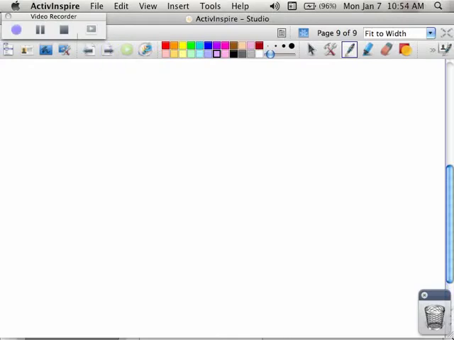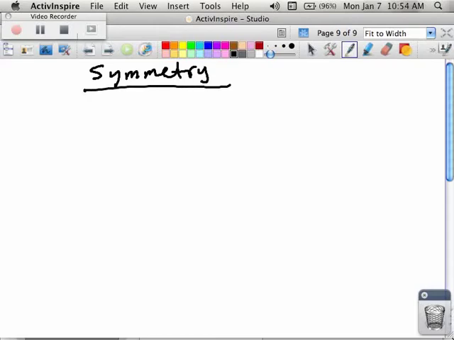Last set of super secret notes. There's symmetry in polar graphing. So I want to talk about the symmetry. The first kind of symmetry looks like this.